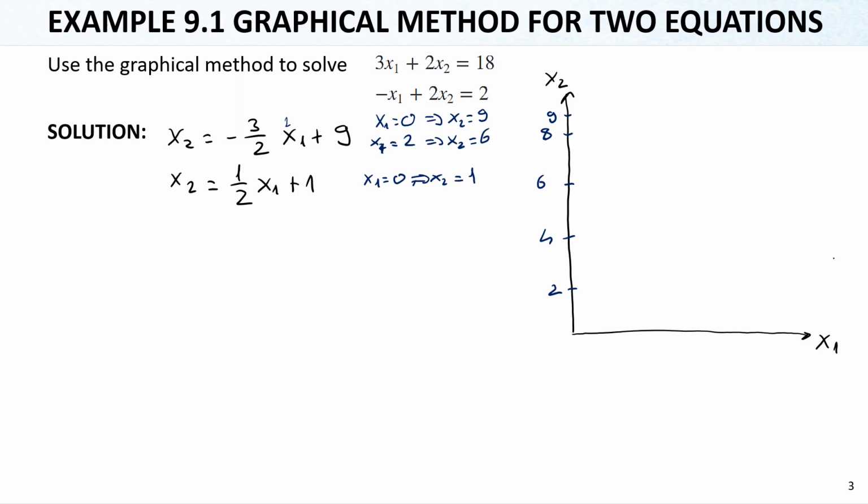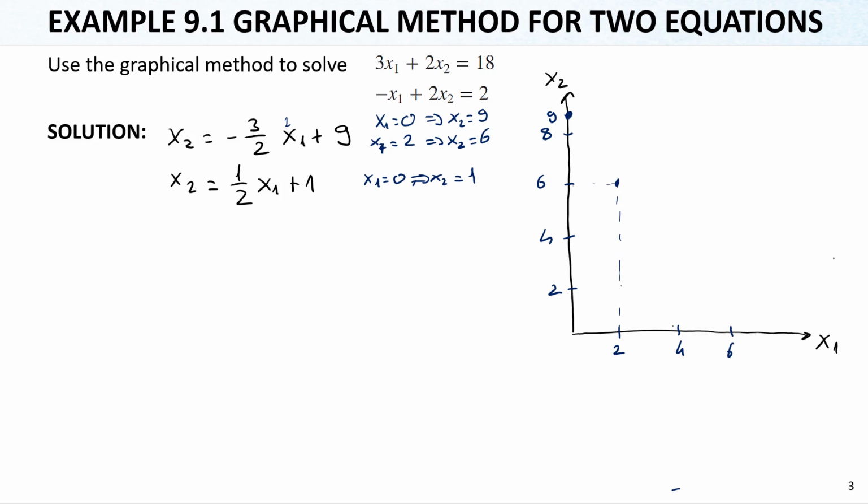For x1 equal to 0, x2 is 9, and for x1 equal to 2, x2 is 6, maybe somewhere here.